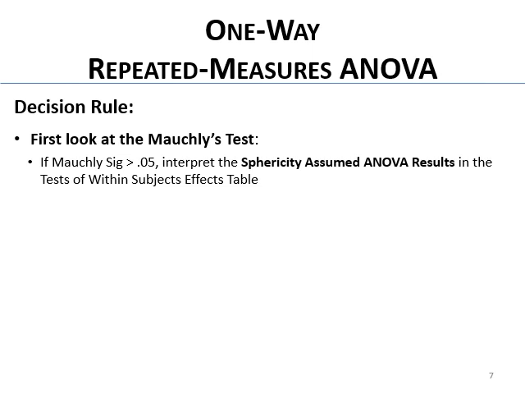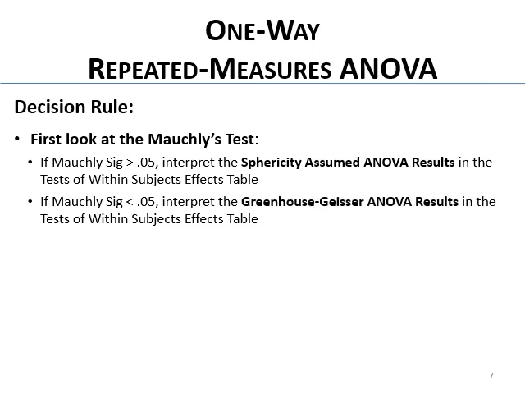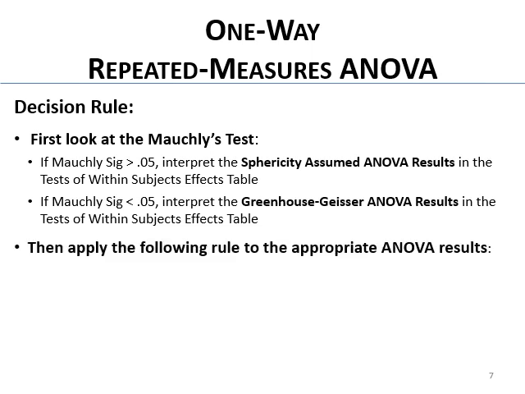It's similar to independent t, right? If your Mauchly sig, however, is less than 0.05, you violated the sphericity assumption. And my recommendation is just use the line that says Greenhouse-Geisser. There are others, but Greenhouse-Geisser is the most appropriate for the one we're doing.